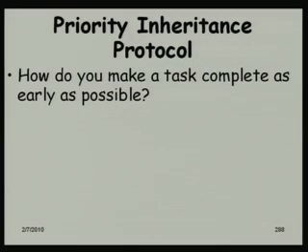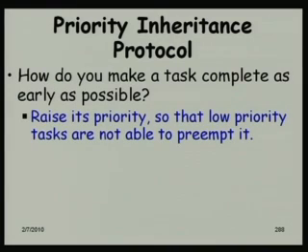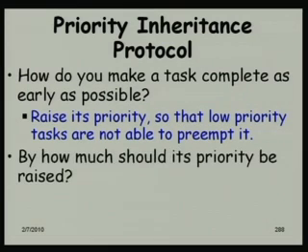So, how do we make a task that is holding the resource complete as quickly as possible? The idea is that we can raise its priority so that other tasks are not able to preempt it. That is the basic priority inheritance principle. Because the priority of the low priority task was low, a higher priority task was able to preempt it.